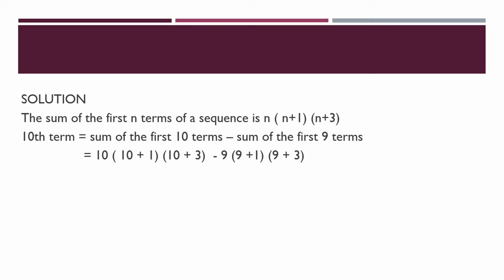With that, I will just do my arithmetic, and I will have 1,430 minus 1,080, and that will give us 350. So that tells us that the 10th term is 350. So what option? Option B is the right option.